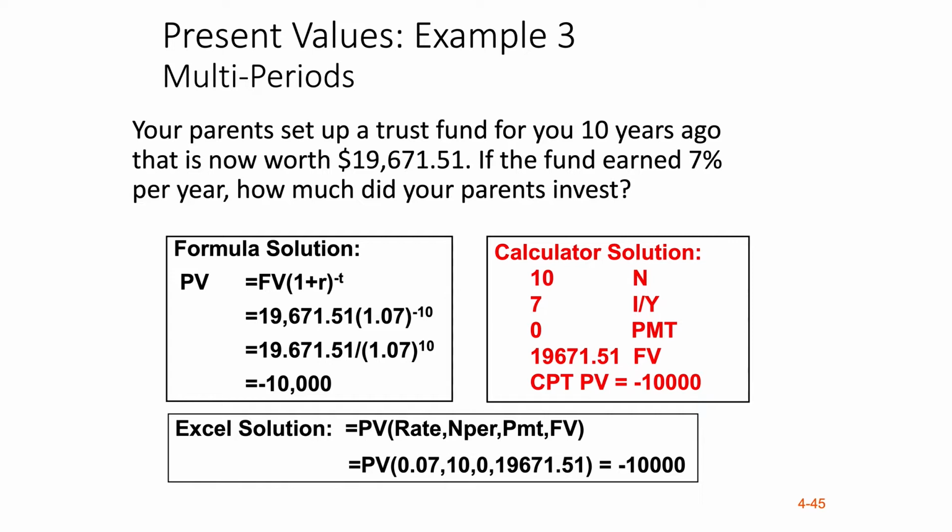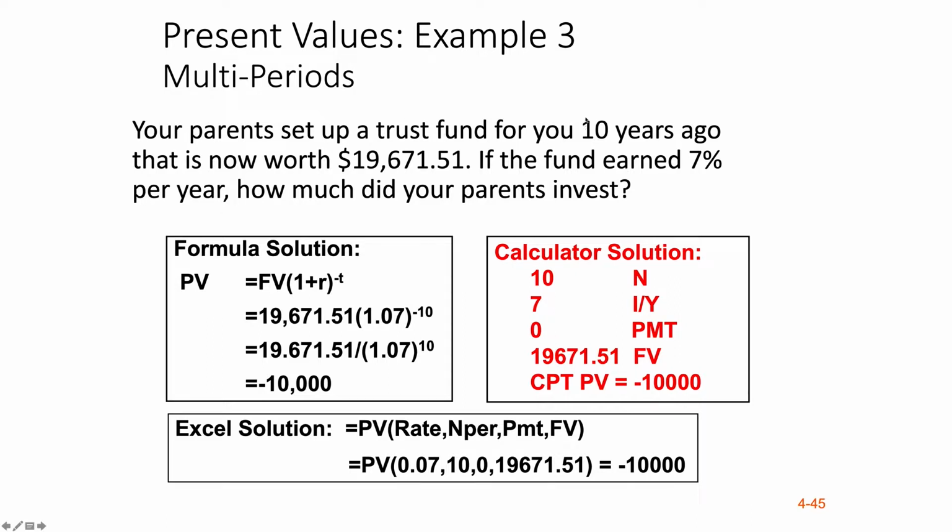Last example. Your parents set up a trust fund for you 10 years ago that is now worth $19,671.51. If the fund earned 7% per year, how much did your parents invest? Let's look at the given 3 parameters. Number 1, 10 is the period, n.